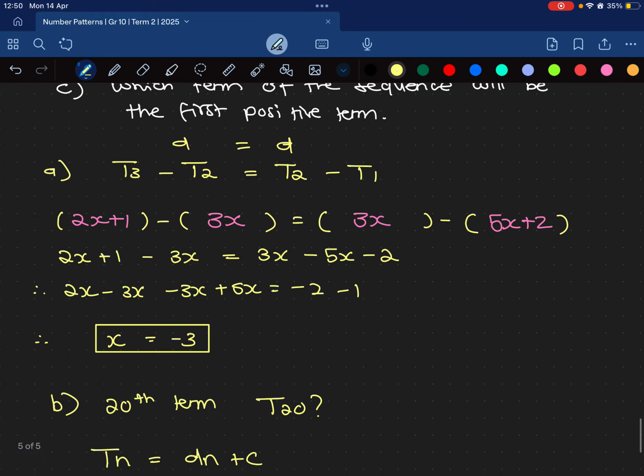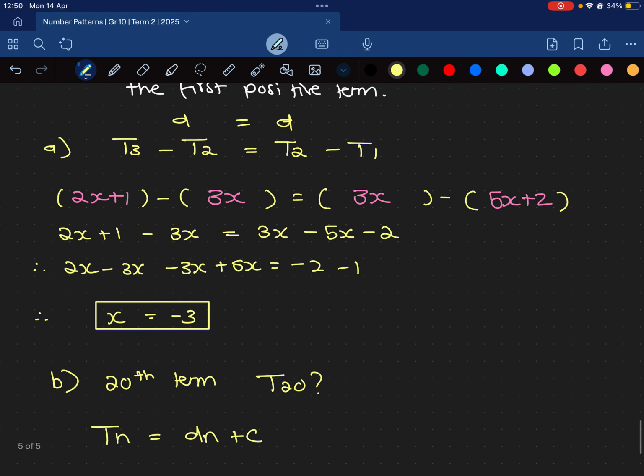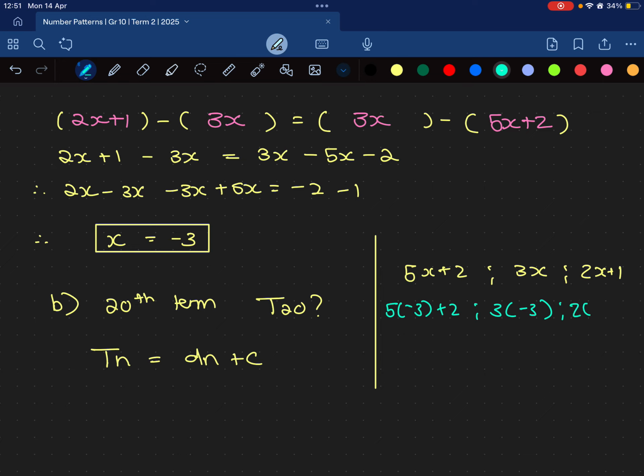Remember the x is just in the term, so let's substitute it in. The terms were 5x plus 2, 3x, and 2x plus 1. So let's put in the negative 3. We have 5 times negative 3 plus 2, 3 times negative 3, and 2 times negative 3 plus 1.